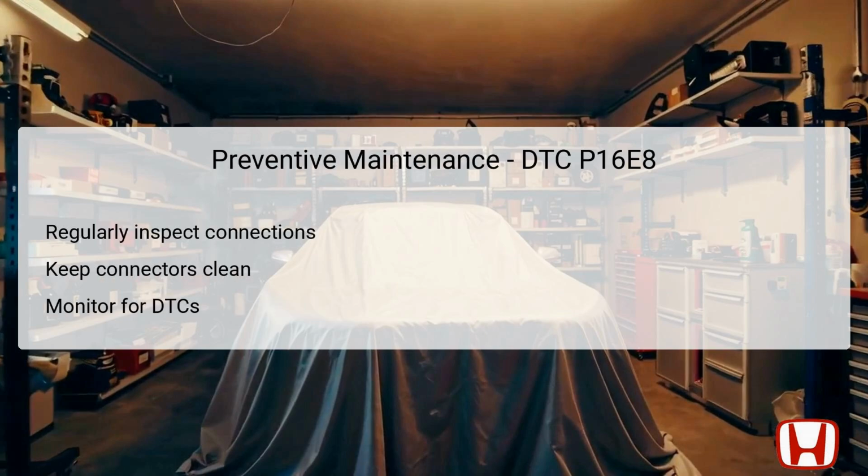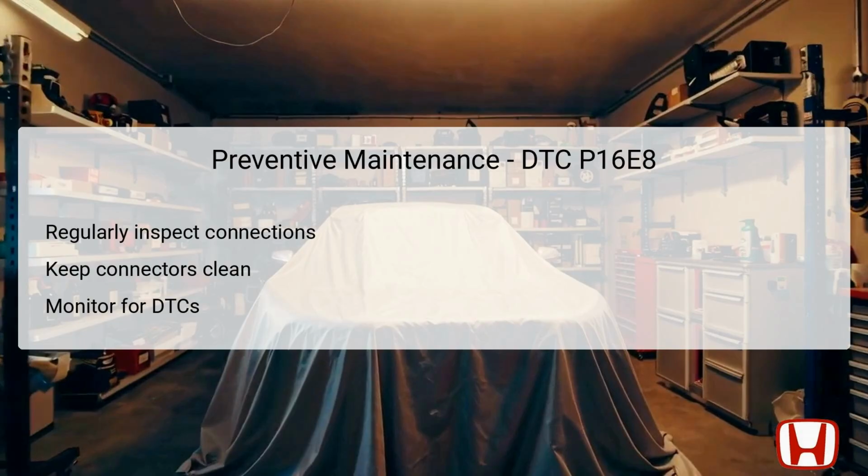To avoid future issues related to DTC P16E8, preventive maintenance plays a vital role in sustaining the vehicle's performance. Regular inspection of electrical connections, specifically around the shutter grille and PCM, helps catch any signs of wear or corrosion before they lead to communication errors.